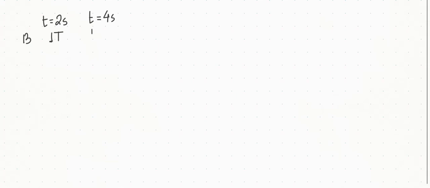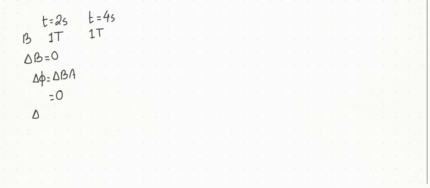It is not changing up to the 4 seconds. So there is no change in magnetic field, so there will be no change in the magnetic flux, because magnetic flux is B multiplied by A. So that is also 0.